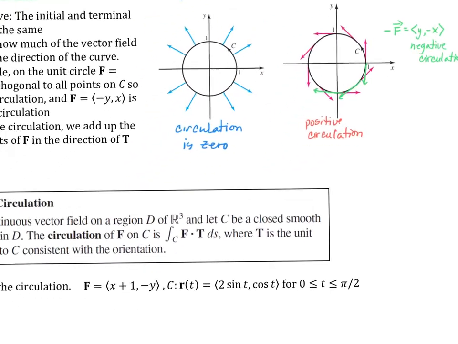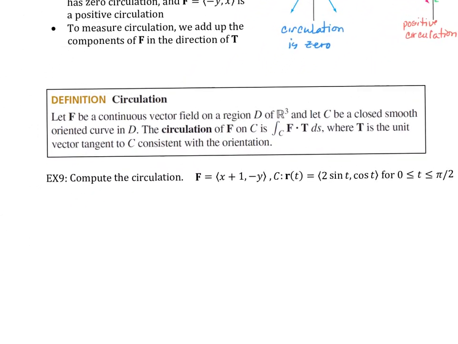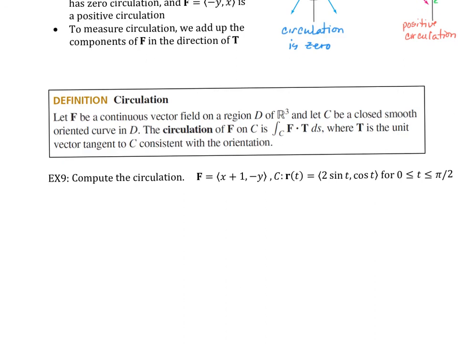Looking at the definition of circulation in this box below, we have a vector field. It's continuous on some region. And C is going to be a closed, smooth, oriented curve. So let's just pause a little bit.